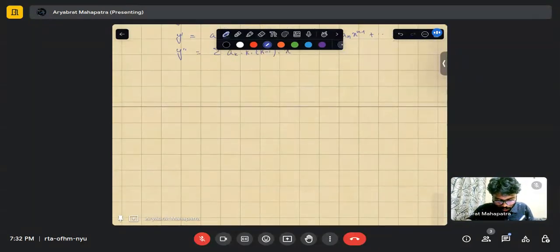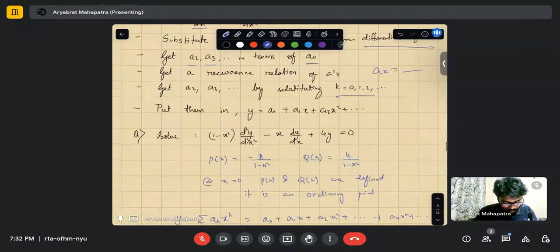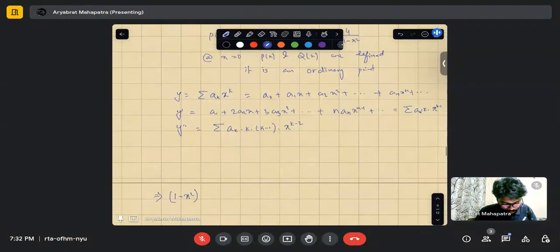When you substitute them in your differential equation, that is 1 minus x squared times d square y by dx square, in d square y by dx square I will substitute my double derivative. This is your d square y by dx square.